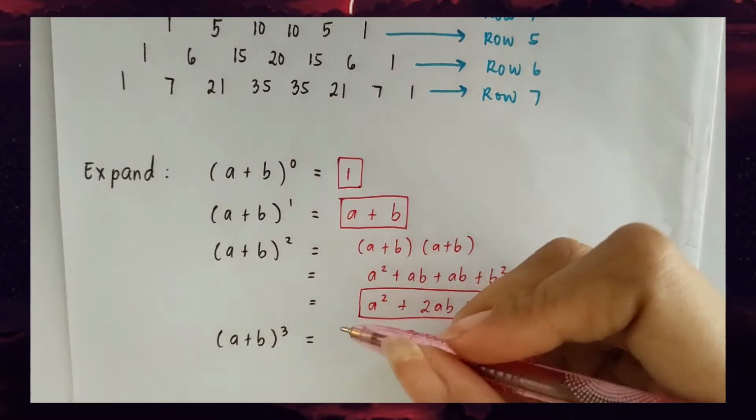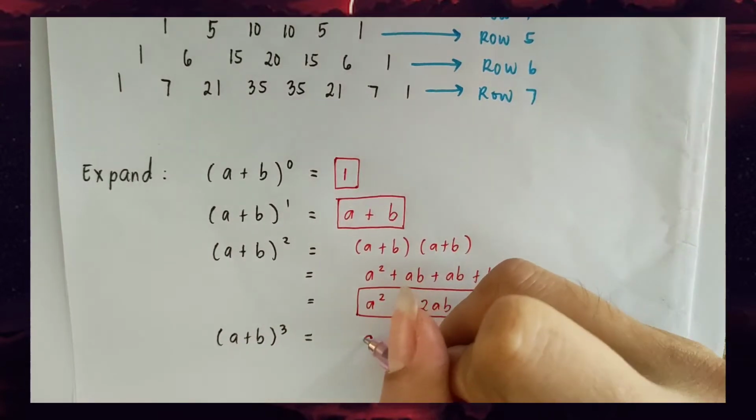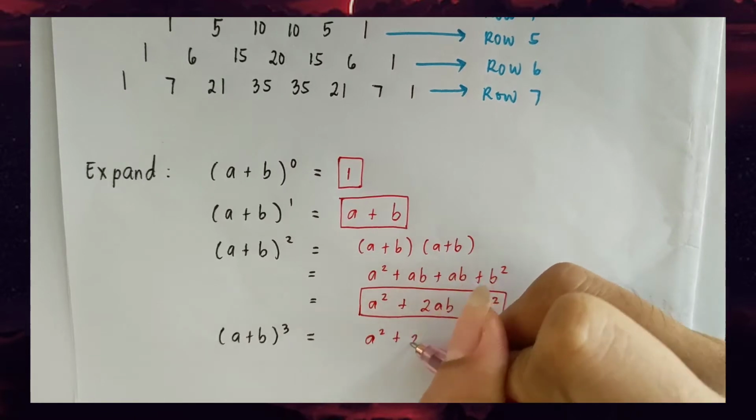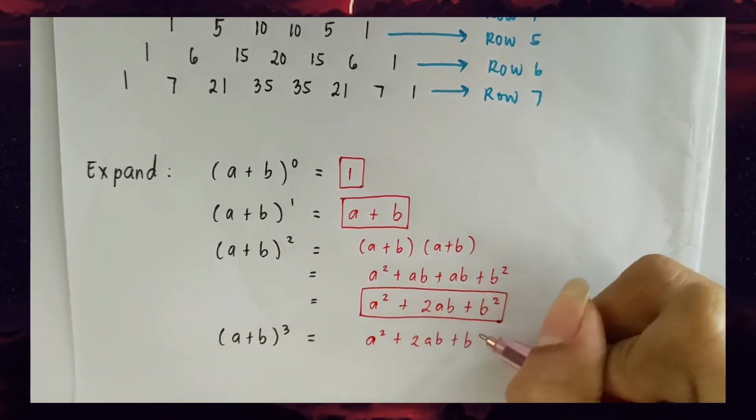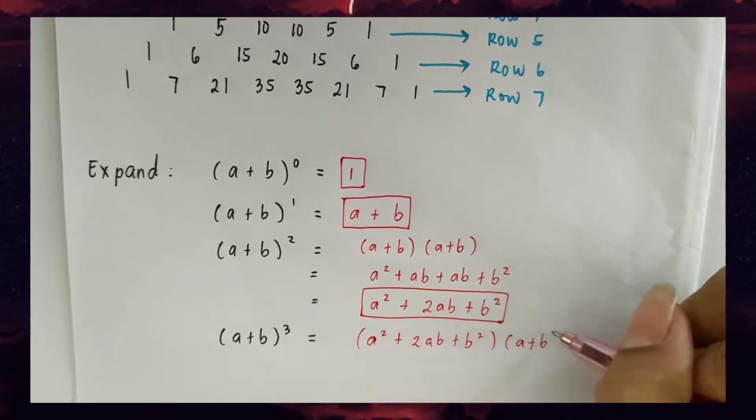Okay. Next, what if we need to expand a plus b cubed? We all know that a plus b cubed is the same with the quantity of a plus b times a plus b times a plus b. And we know that a plus b squared is this one. So let's copy a squared plus 2ab plus b squared times another a plus b.